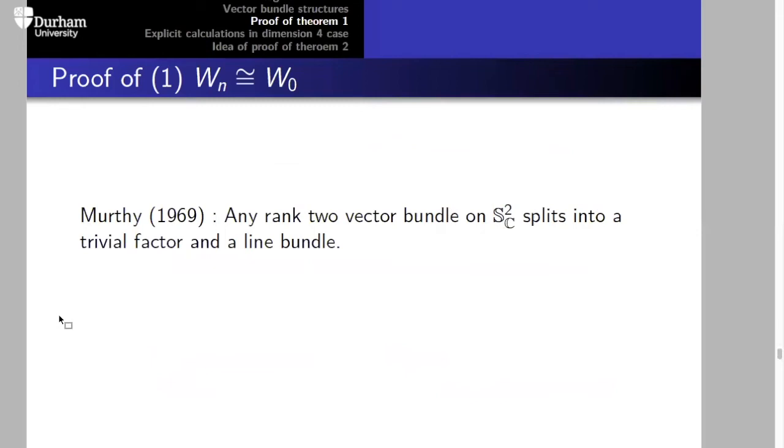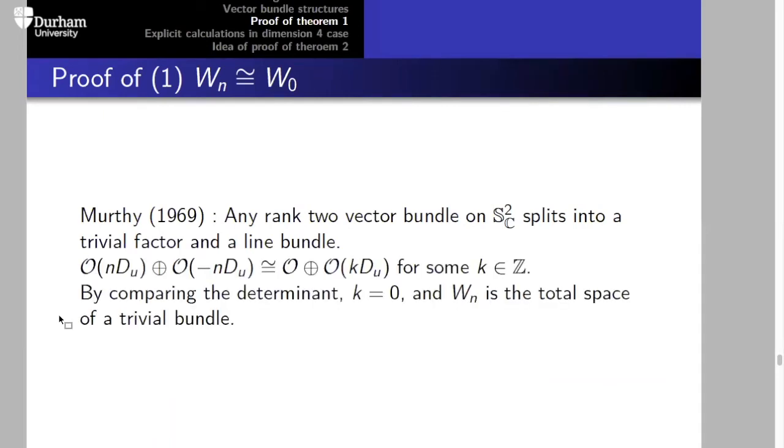So let's look at the first part. Wn is isomorphic to W0. This is a consequence of a result of Murthy from 1969: any rank 2 vector bundle on the complex sphere splits into a trivial factor and a line bundle. So I'll apply this to the vector bundle O(n du) plus O(minus n du).